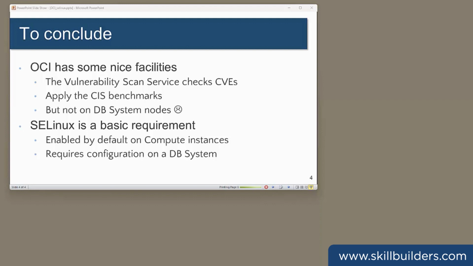Those you're going to have to do by hand. Another issue with DB systems, SELinux. SELinux is enabled by default on compute instances, but on a DB system, you have to do it yourself. It's nothing too arduous. You just need to do it.